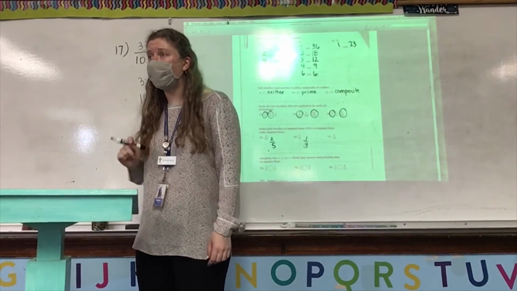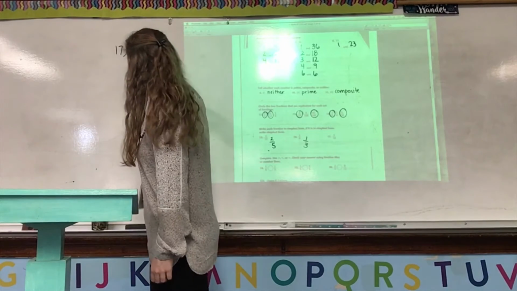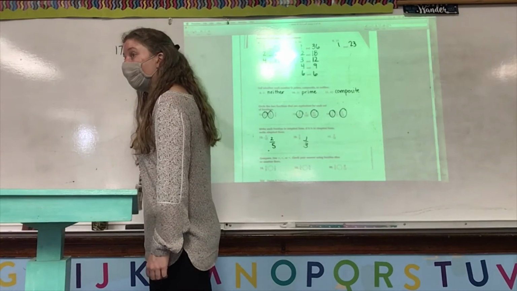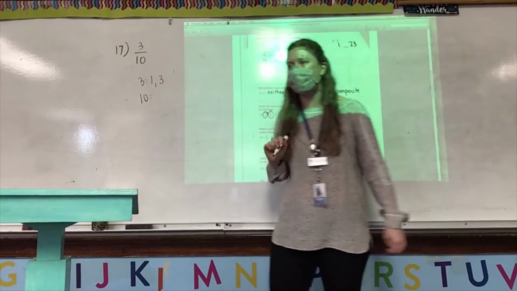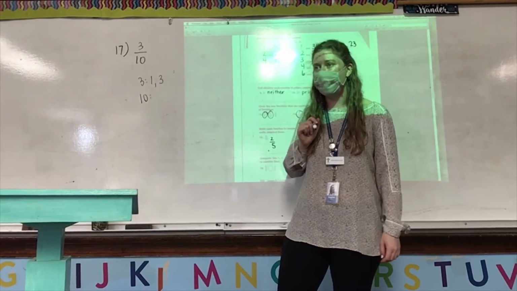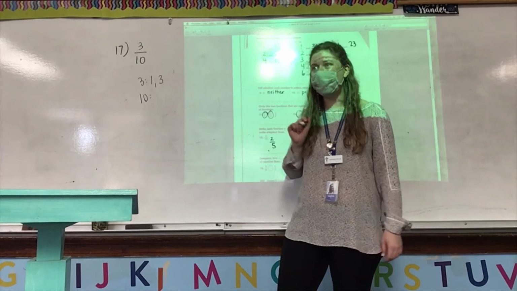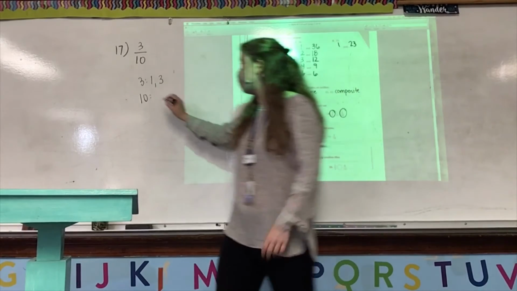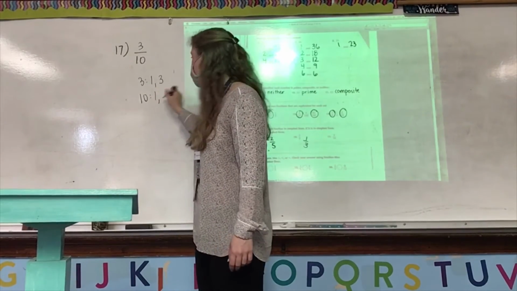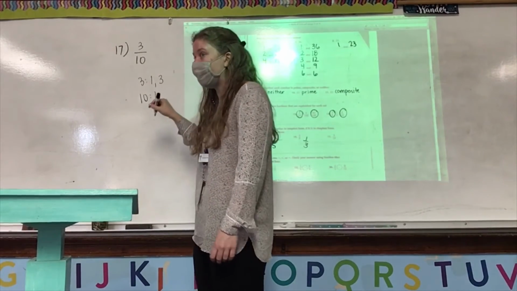No. So let's just copy the factors from number 16. 1 and 3. Now we have to list the factors of 10. But wait a second, didn't we just list factors of 10? Yes. Where? Number 15. So let's copy those factors. 1 and 10. Oh, tell me in order, not factor pairs.